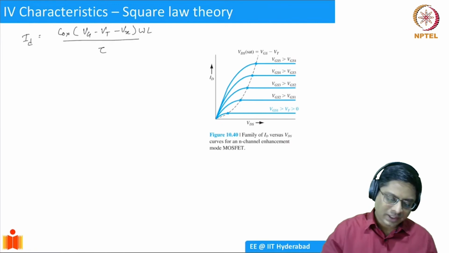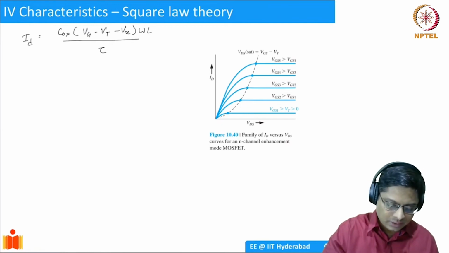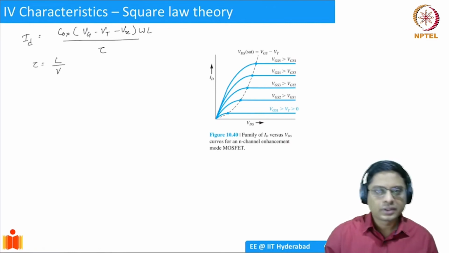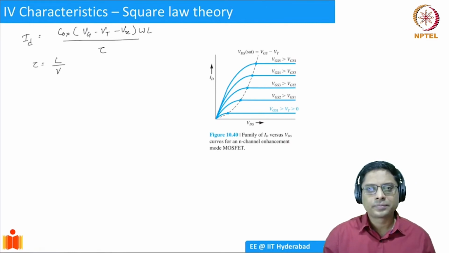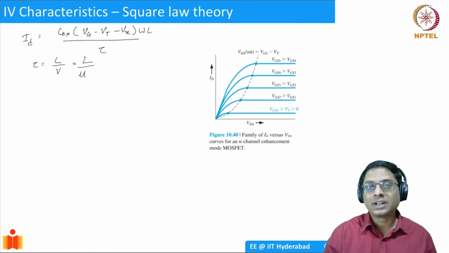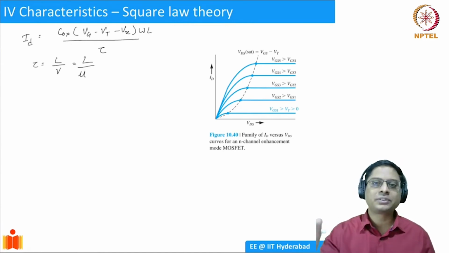And what is that equal to? Well, we have seen that tau is equal to L by V, and this is going to be equal to L by mu times E. But now the electric field is not a fixed number. In the previous case, we took the electric field to be VDS by length.